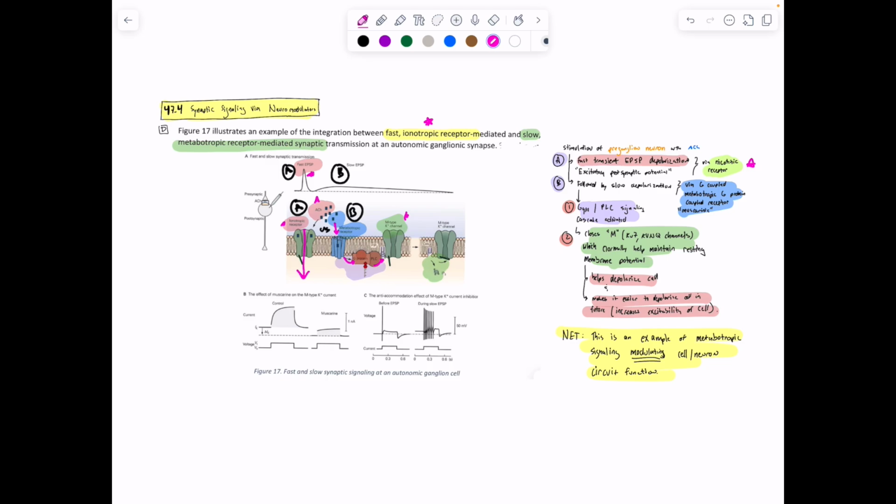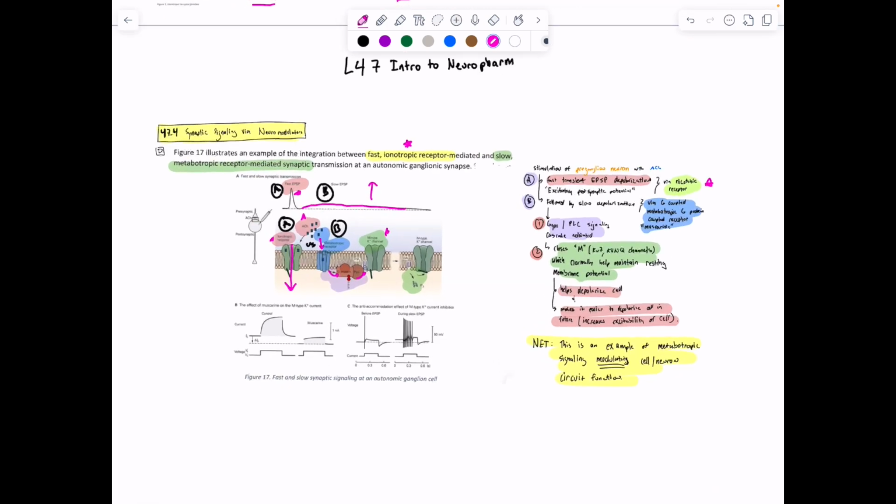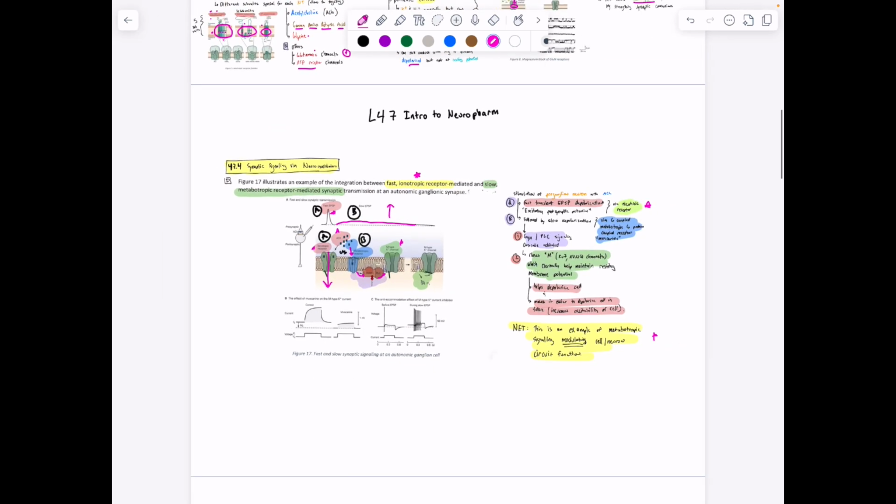If this direction is depolarizing the cell, it causes a slow depolarization that makes it easier for the cell to depolarize in the future. So just an example of neuromodulating, making it easier to depolarize overall.